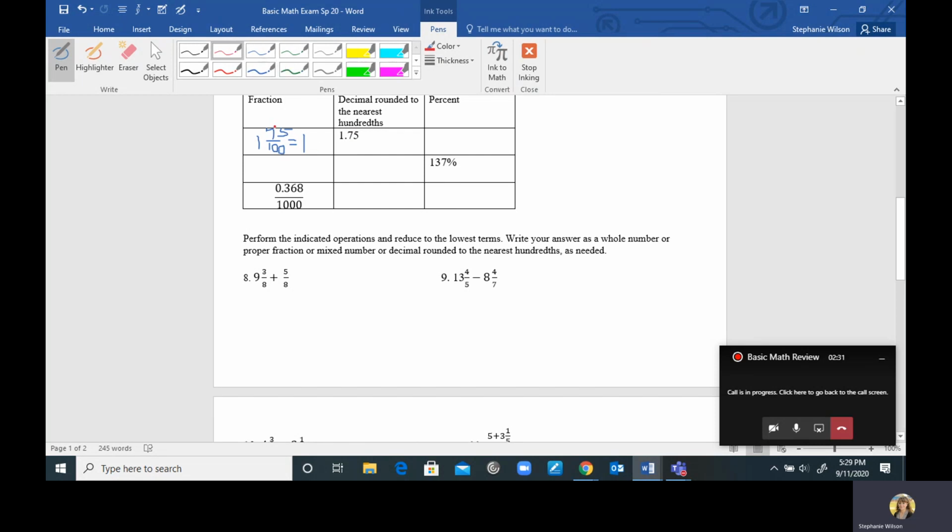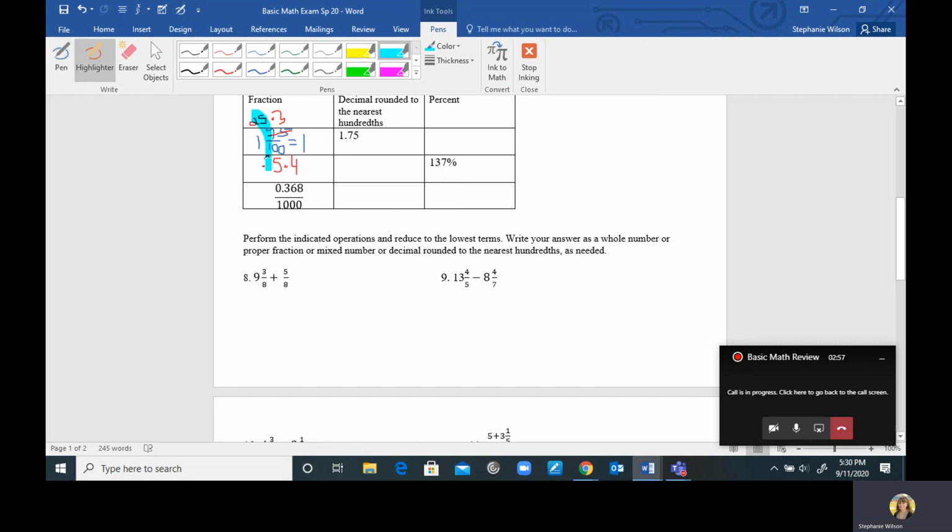So I know that 25 goes into 75 3 times. I know that's 25 times 3. I also know that 25 times 4 gives me 100. And if I write it this way, then I can go over here and reduce.